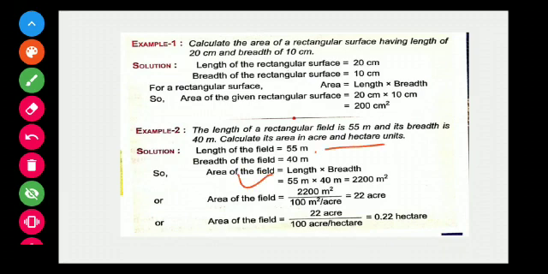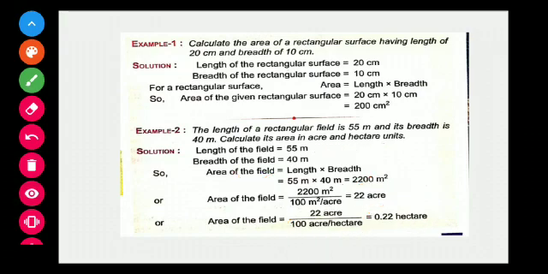The area of field in acre, to get this, divide this term by 100 meter square, and your area in acre is 22 acre. So this is your area of field in terms of acre, and in hectare, divide this 22 acre by 100, that is 0.22 hectare.